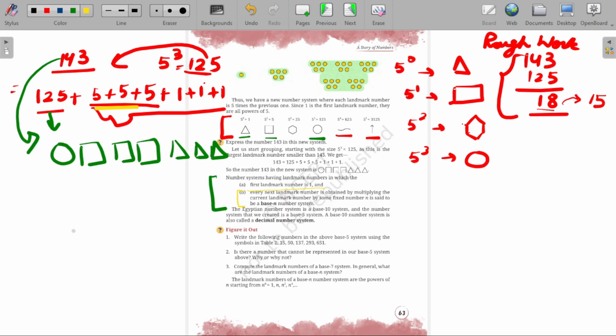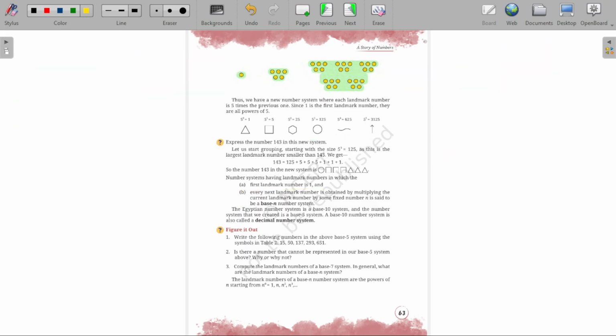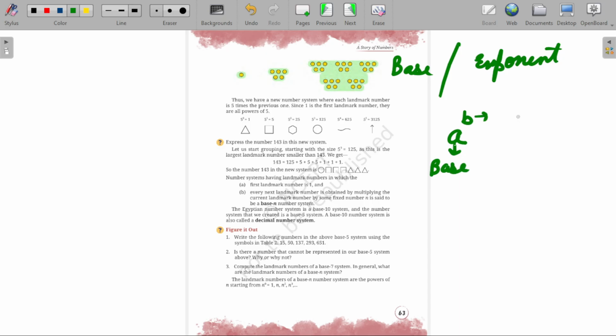Let me remind you what base is: base and exponents. If we have a power a to the b, then a is called the base value and b is our exponent.